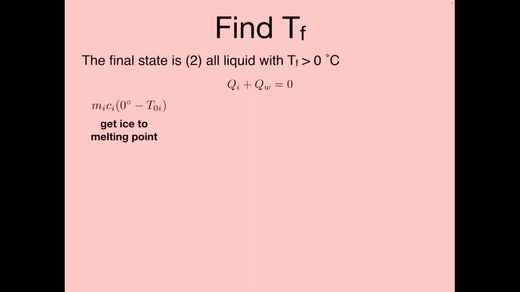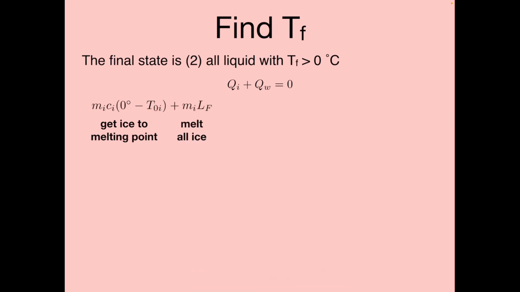For the ice, we need to get it to the melting point. So the heat is the mass of the ice times the specific heat of the ice times the temperature change, which is 0 degrees Celsius for the melting point, minus the initial temperature of the ice, which I'll call T0I.